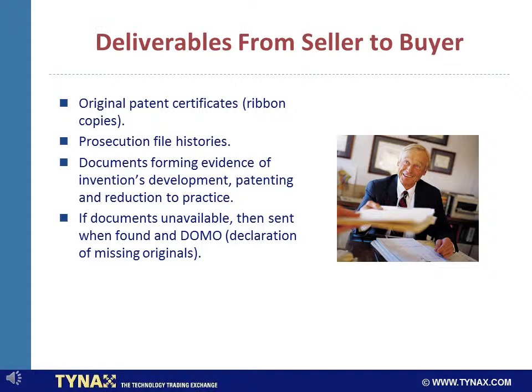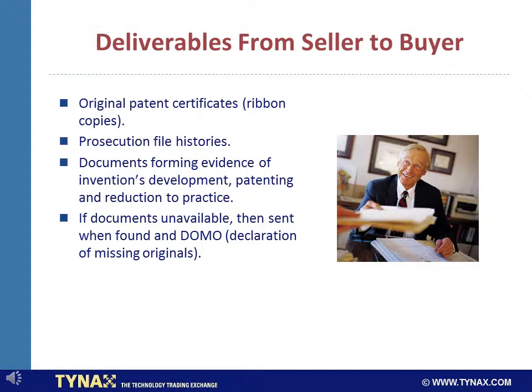There are a number of documents that the seller has to deliver to the buyer in the due diligence and closing process. There's the original patent certificates, sometimes known as the ribbon copies, for each patent. Then the seller provides the buyer with the prosecution file histories, including the communication with the patent office during the patent prosecution process. There are the documents forming evidence of the invention's development, patenting, and reduction to practice.